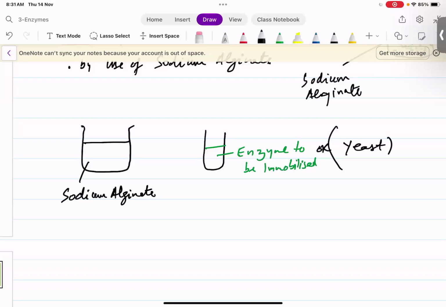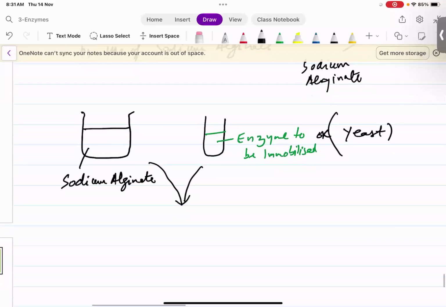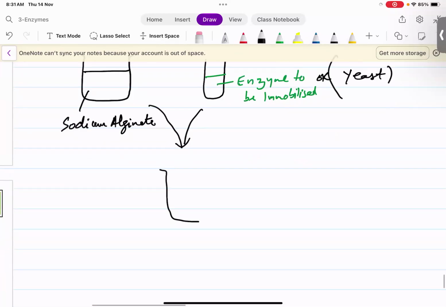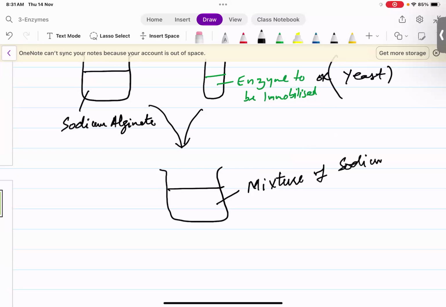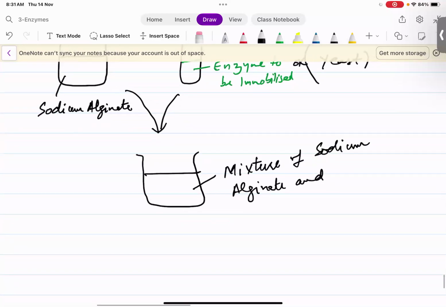So this enzyme is added into this sodium alginate, and this makes a mixture of sodium alginate and, for example, amylase enzyme. Maybe any other enzyme that you want to immobilize.